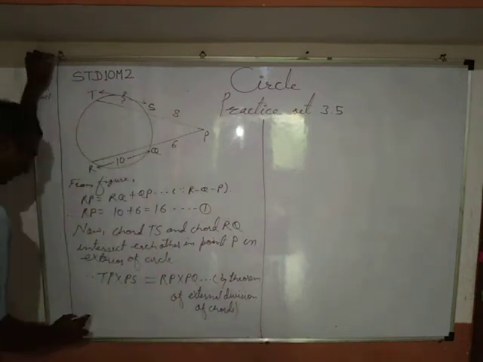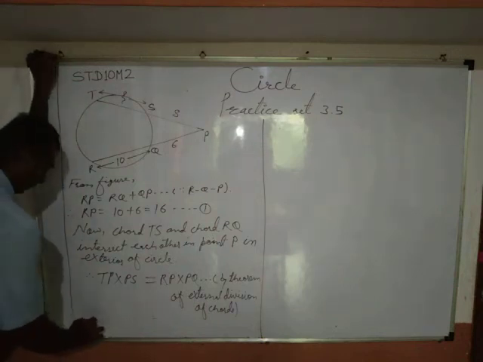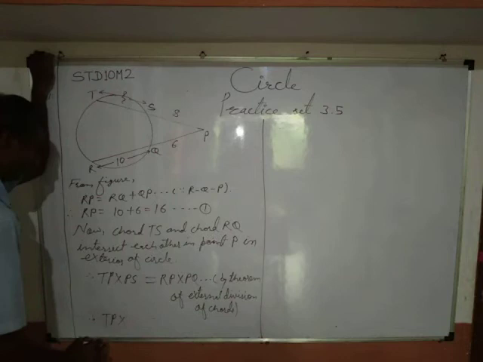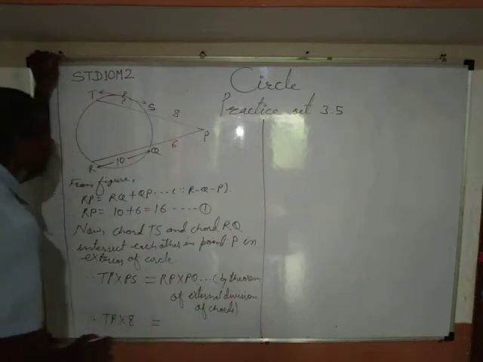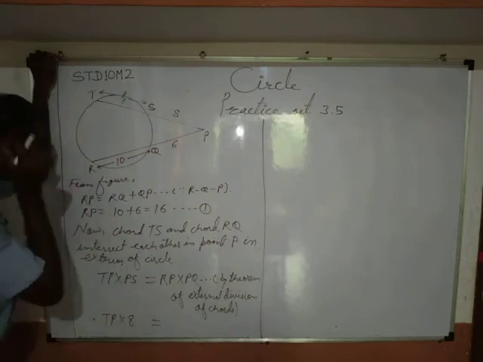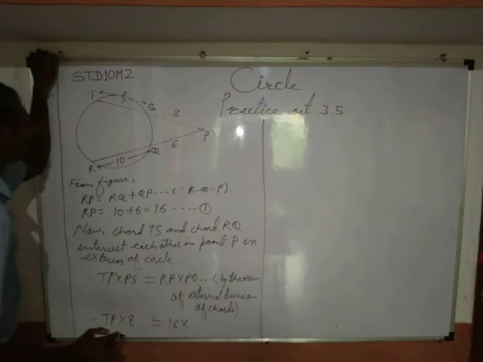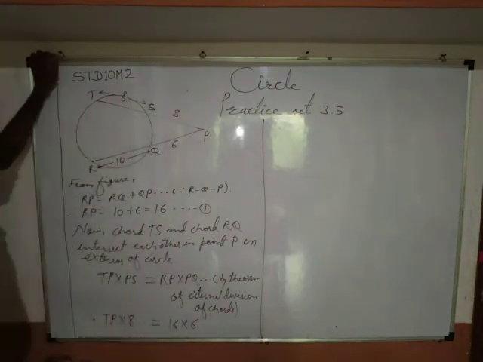The length of TP we don't know. Let's write TP as it is, into PS, which is 8, equals RP, just calculated as 16, into PQ, which is 6.